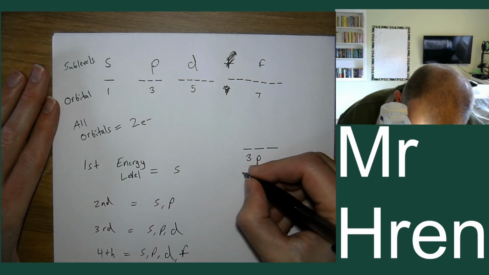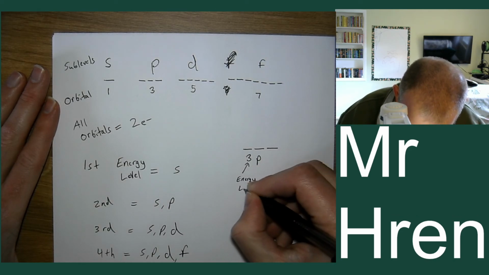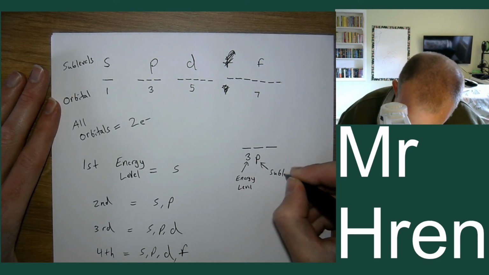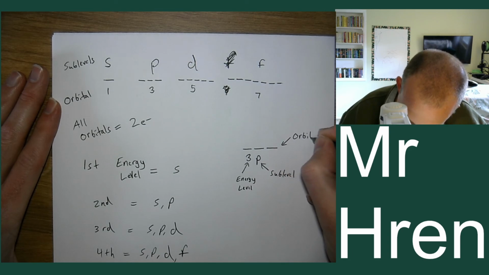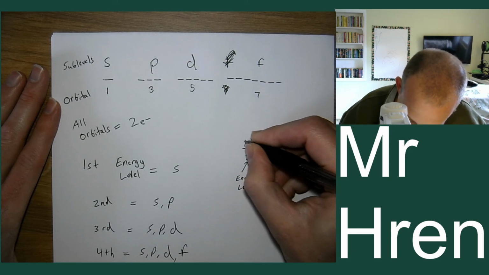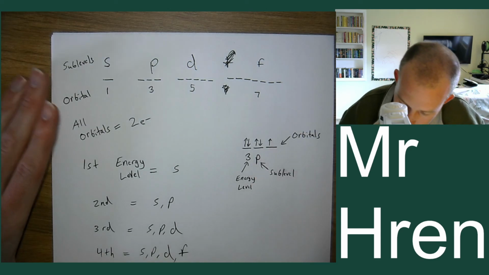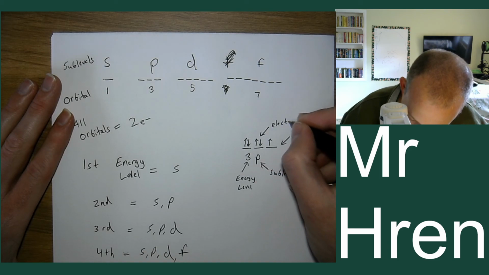This number here is the energy level. This is the sublevel. These are the orbitals. And if you were to put electrons in here, look at how neat that is, those would be the electrons.